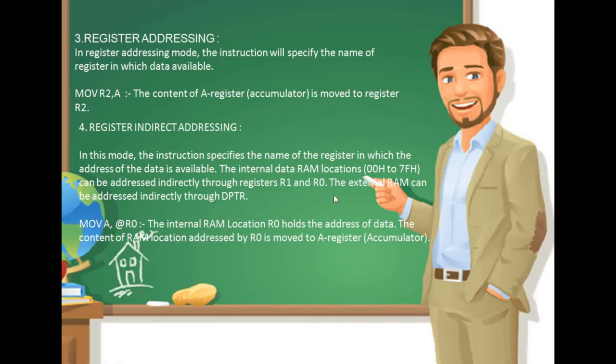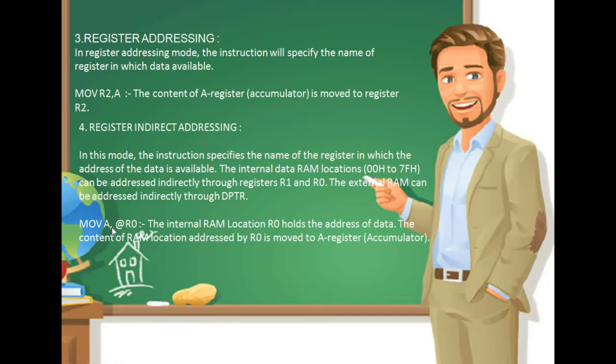That means if you want to access a memory location other than the internal RAM, the data will be copied to the specified register through the data pointer, which is also in indirect mode. If the data is present within the internal RAM, it will be copied to the specified register from the memory locations 00H to 7FH.